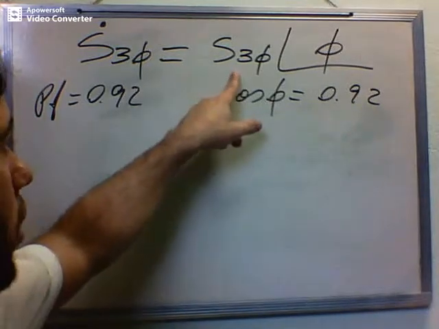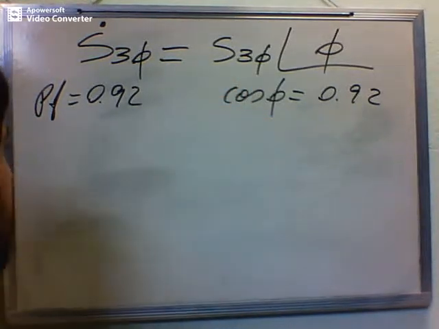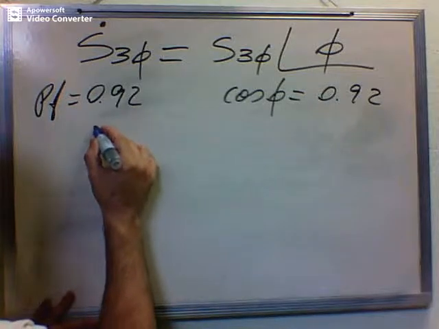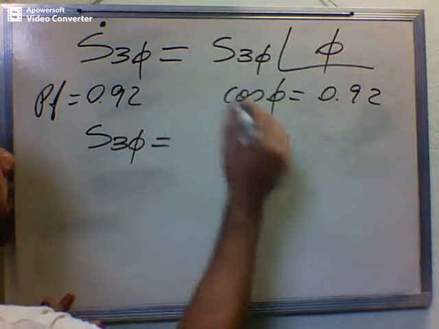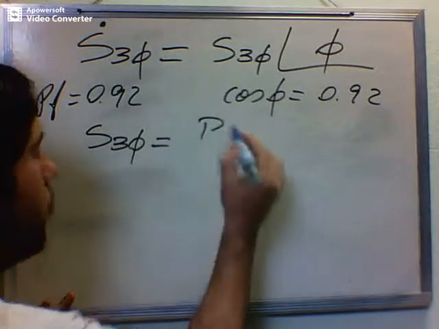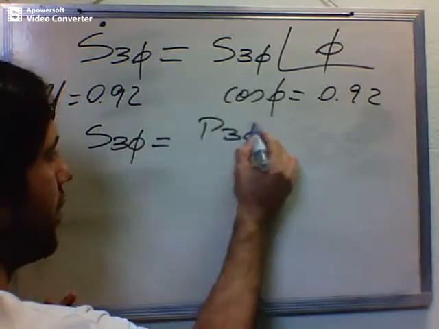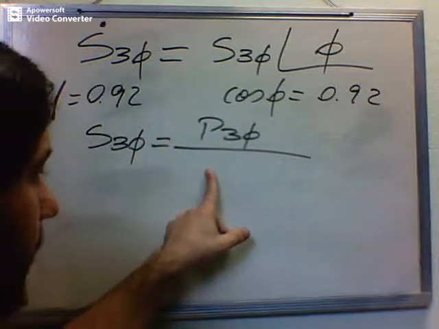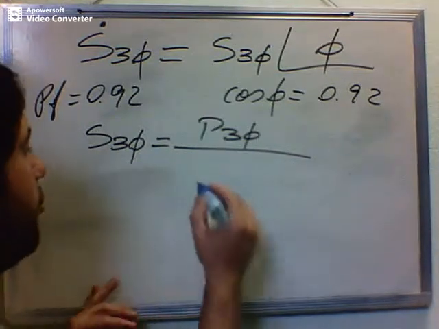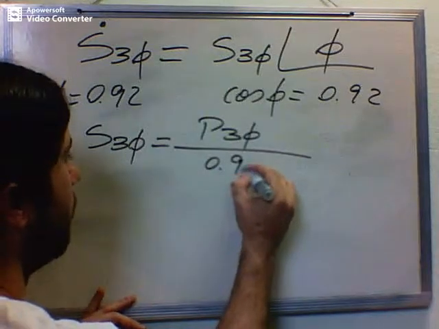Now, to calculate the apparent power, we simply do this. The apparent power is going to be the real power that we just calculated, divided by 0.92.